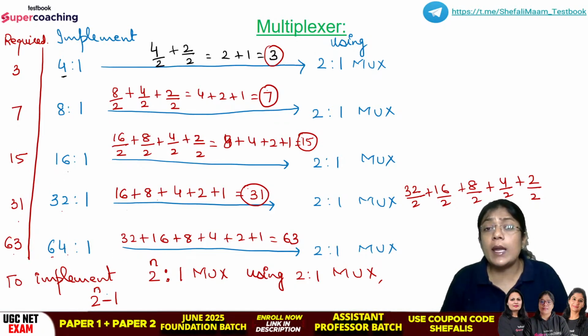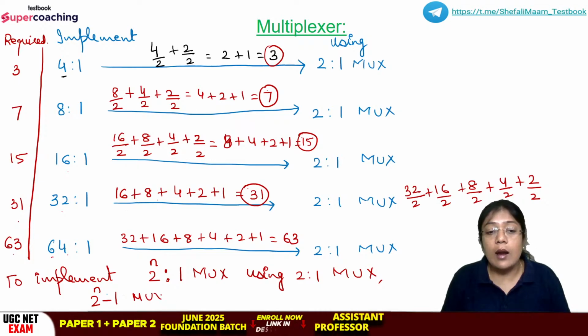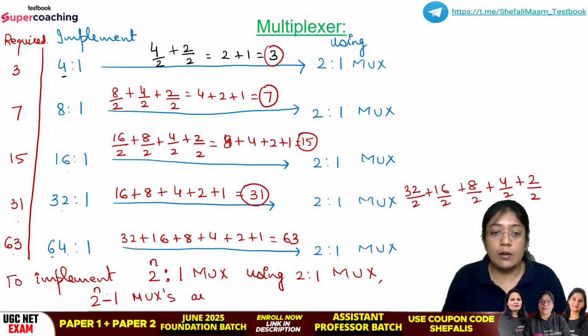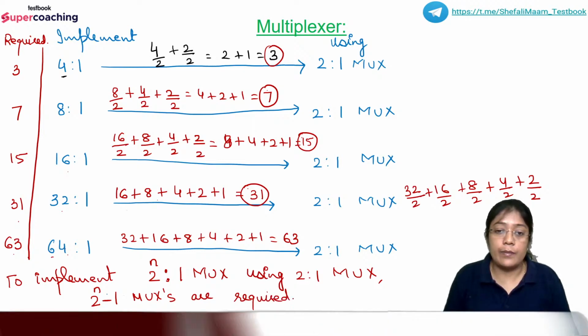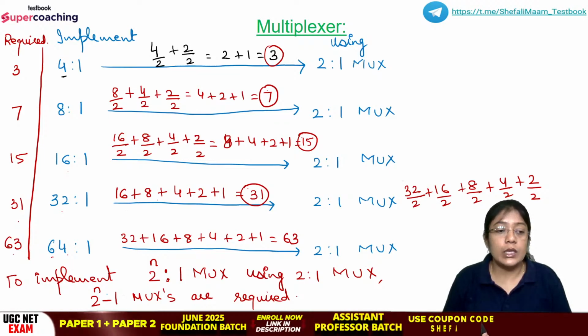So 2 raised to power n, because that is representing the input lines, minus 1 multiplexers are required. Is this clear? Yes.